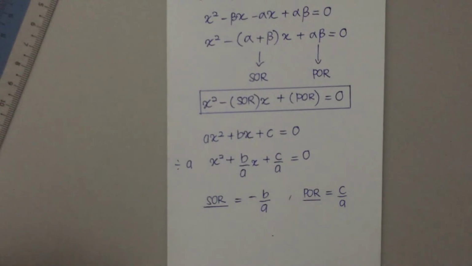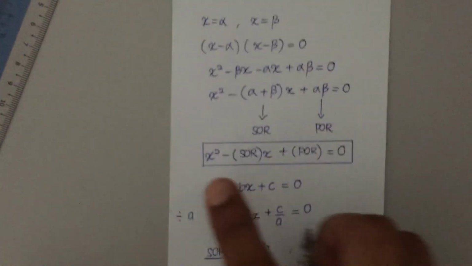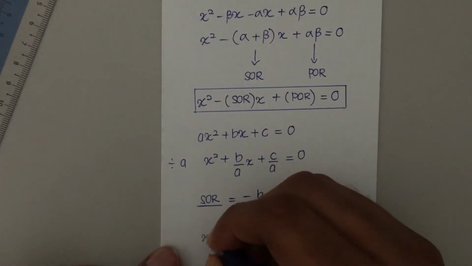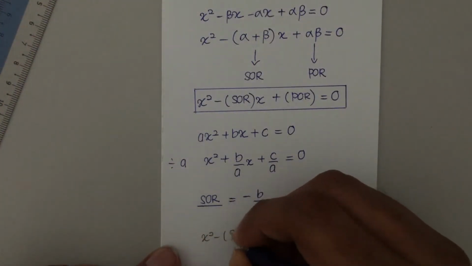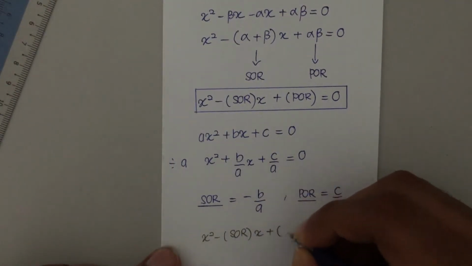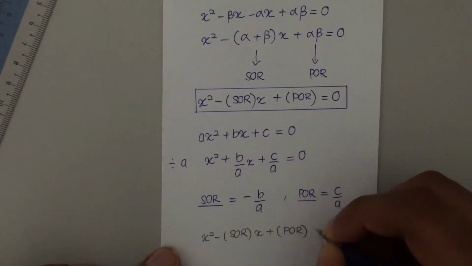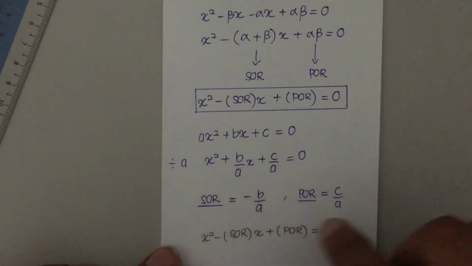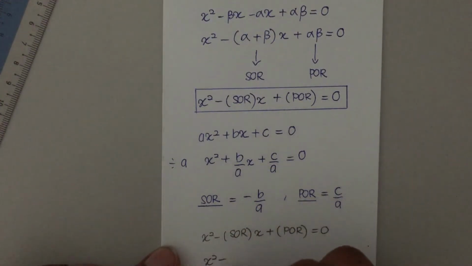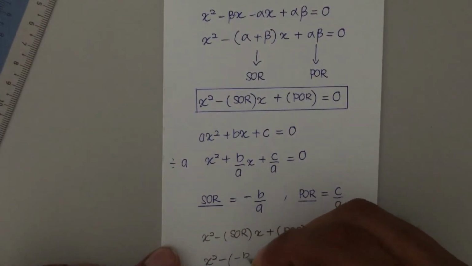Okay, so if you want to double check, it's very simple, you can just apply this formula: x squared minus SOR times x plus POR equals 0. Then you just substitute the sum of roots and product of roots.